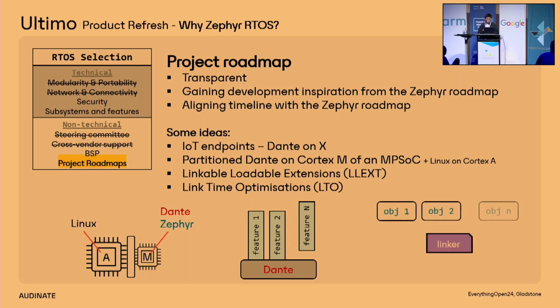For those who are not familiar, when you build your real-time operating system binary, you have a bunch of code that gets compiled into objects, which later gets linked into one single binary that you flash onto your microcontroller. For Zephyr, you build your objects, and it generates the object code for each layer.